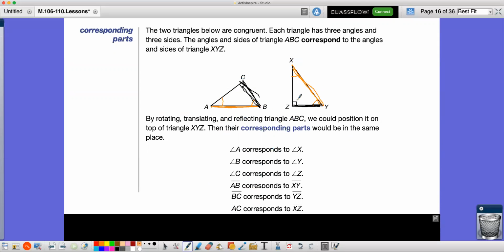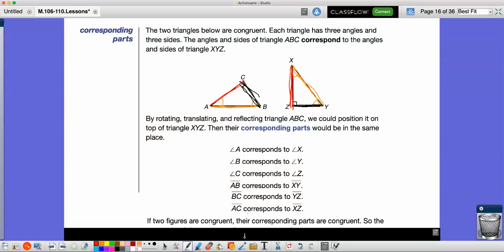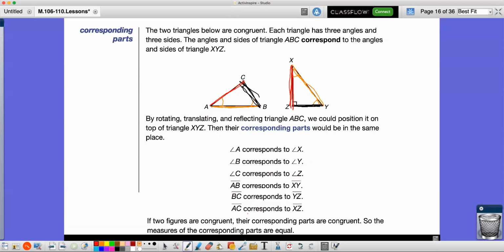And line segment AC corresponds to the last one, XZ. If two figures are congruent, their corresponding parts are congruent. So the measures of the corresponding parts are then equal.